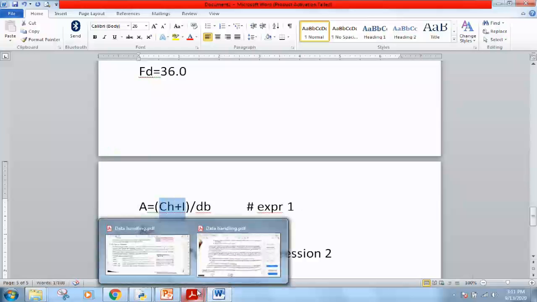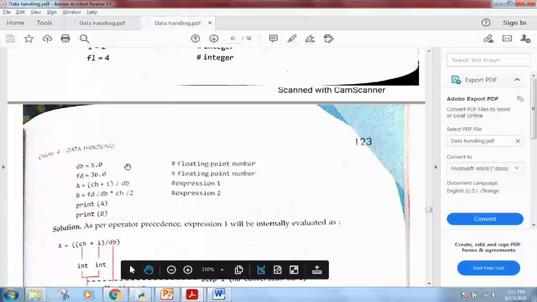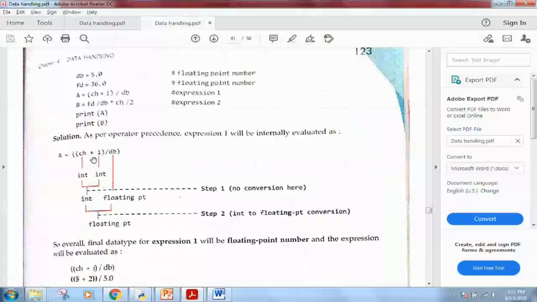Let me show you this in the book more clearly. See, ch plus i: both are integers, so it will give you an integer value. Whenever you add two integers, you will get the answer as an integer also; 3 plus 5 is 8, an integer.